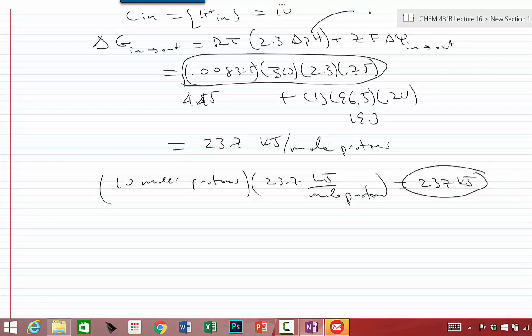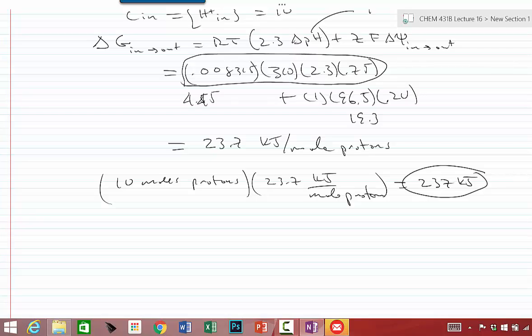So that value is very close to the value that we calculated for NADH oxidation. The NADH oxidation was supplying us with about 220 kilojoules per mole, and you could see how the math works out approximately.